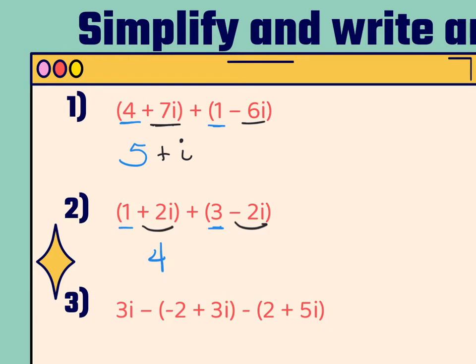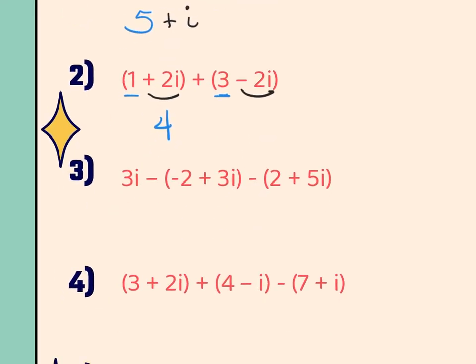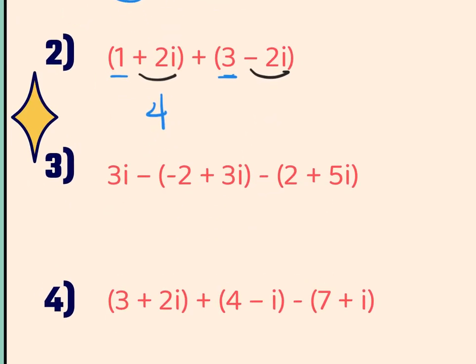Now the next one is a subtraction problem. The only tricky part here is just remember you need to either distribute the subtraction sign, or remember you could assume that there's like a 1 here that you could distribute. So I'm going to first just rewrite it and distribute that subtraction sign.